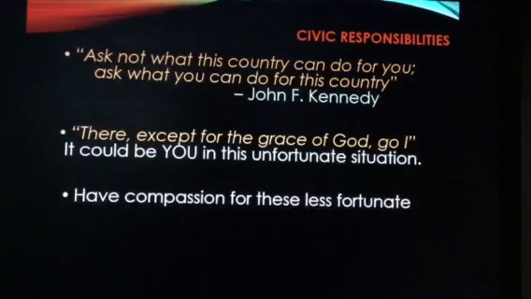Have compassion. Have empathy for those less fortunate. They say that a chain is only as strong as its weakest link. Let's strengthen our weakest links. Let's contribute to charity and to help those less fortunate than ourselves.